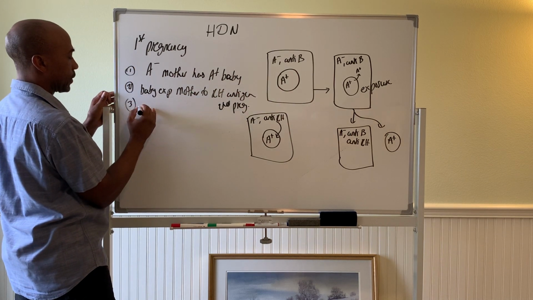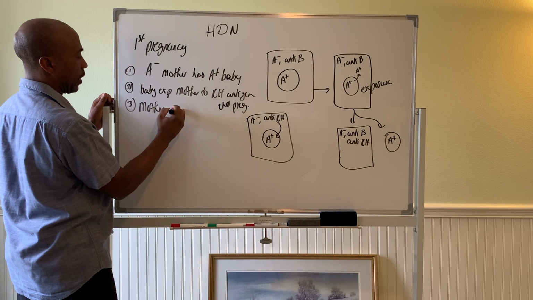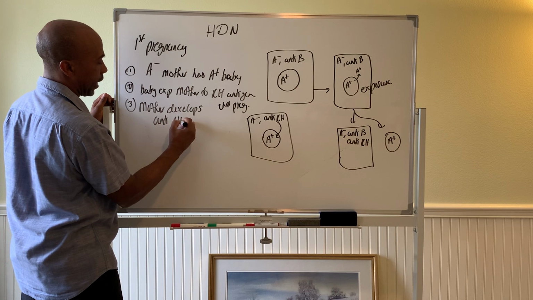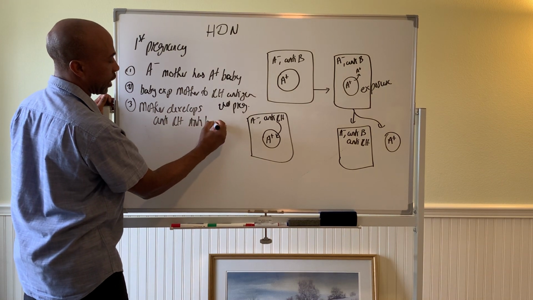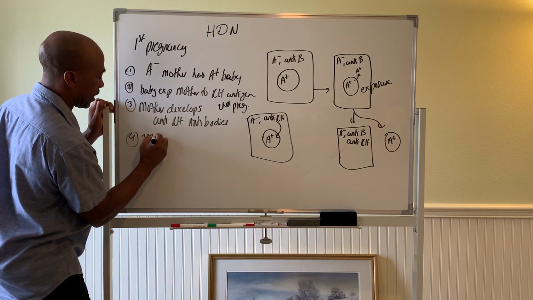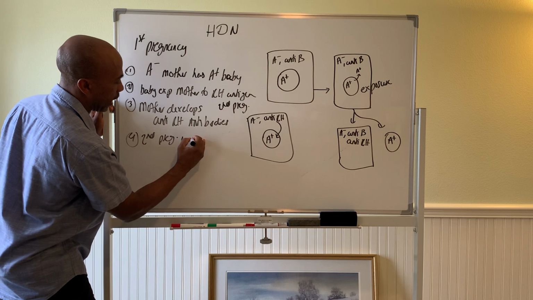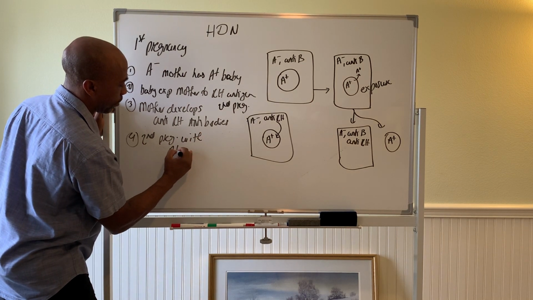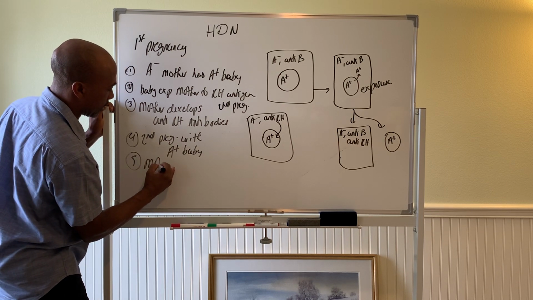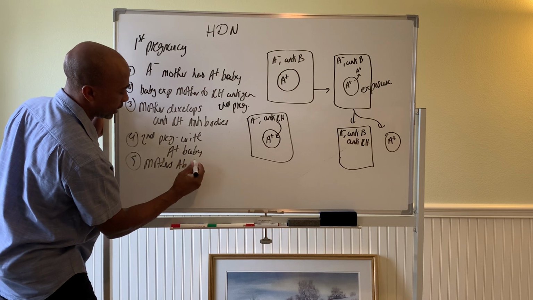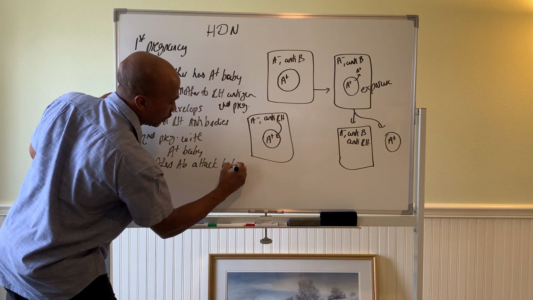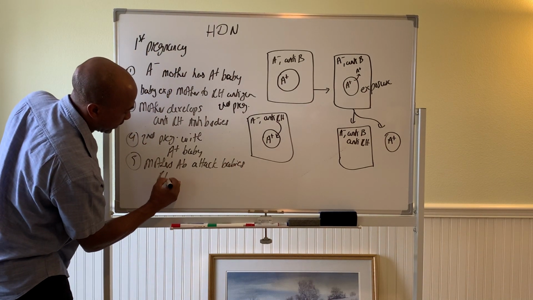Step 3, the mother develops anti-Rh antibodies, and then in the second pregnancy with a positive baby, the mother's antibodies will attack the baby's RBCs.